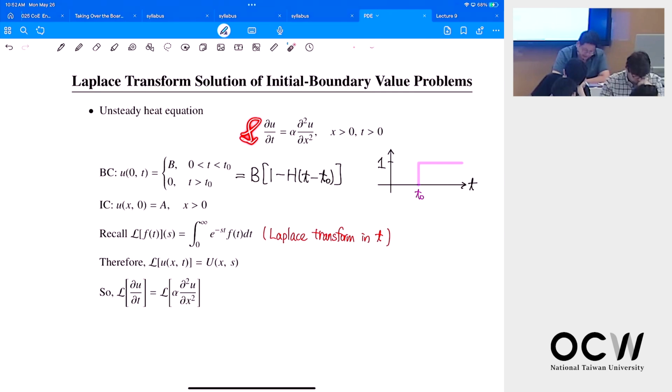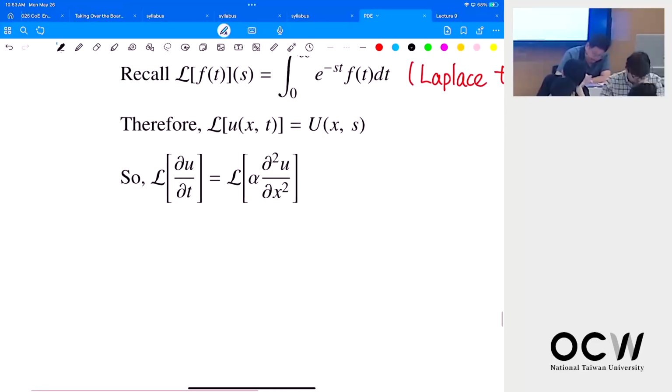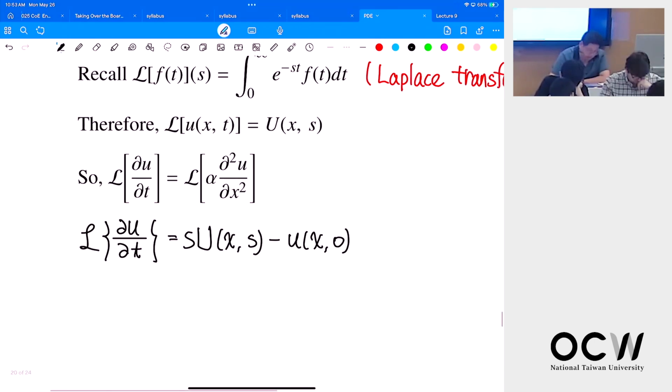So if I take the Laplace transform, I will do both sides. Let's deal with both sides separately. Remember for the Laplace transform, the left-hand side is s times U of x, s minus u at t equals 0.